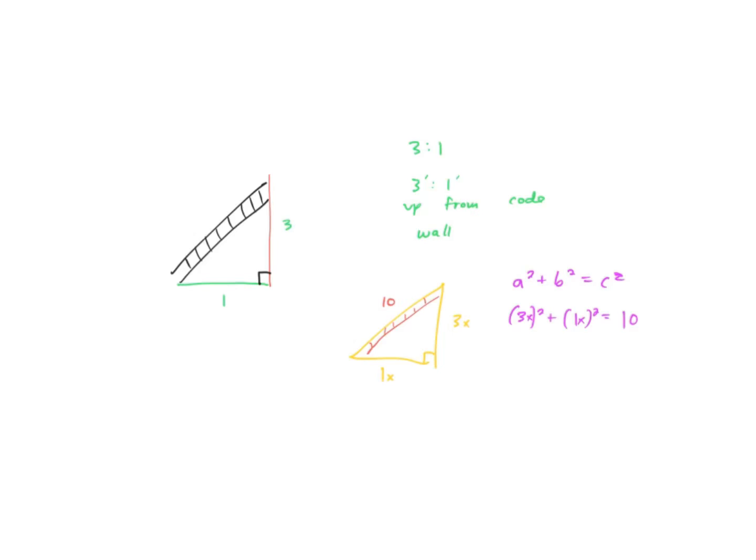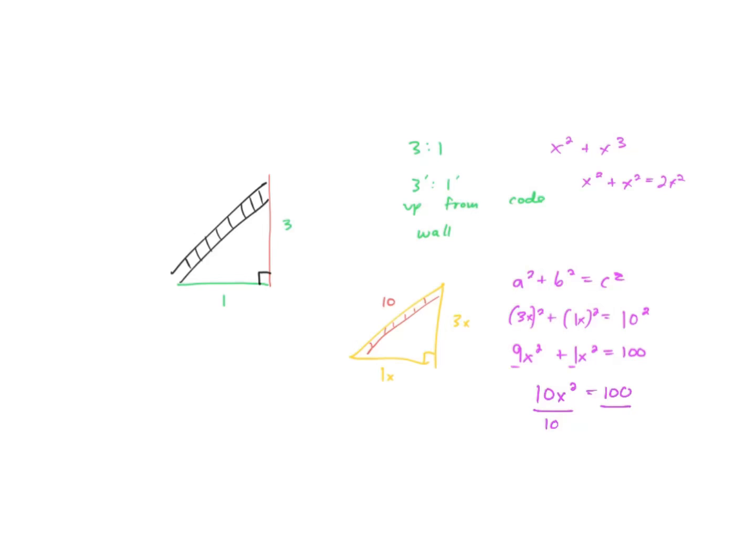It'll look like this: 9x squared plus 1x squared is equal to 100. Combine like terms. X squared and x squared can be added. You cannot add an x squared plus an x cubed, but you can add variables with the same exponent. So here we're going to say this is 10x squared is equal to 100.